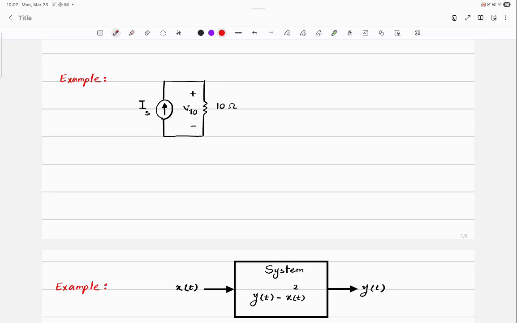Now, for example, if you look at this, we can define a system. How? For example, let's consider the current source as the input, and let's consider the voltage across the resistor as the output, okay? We are free to choose so. So let's consider this as input, and let's consider this V10 as the output.